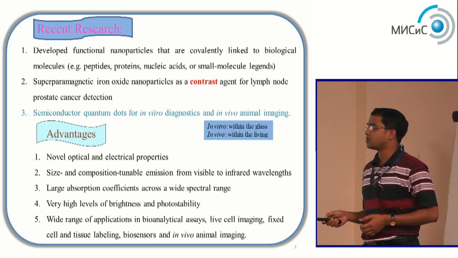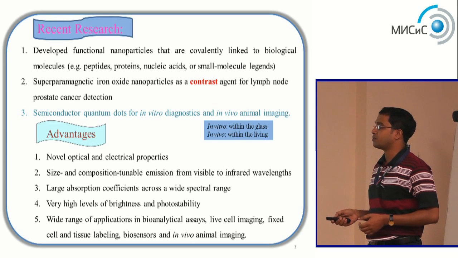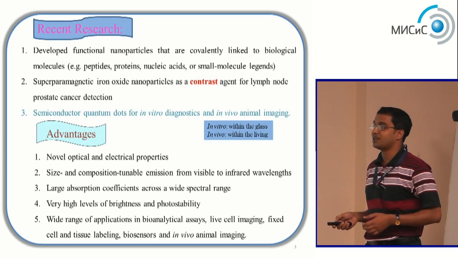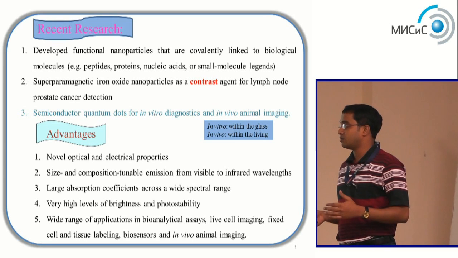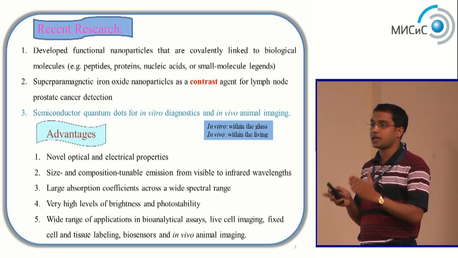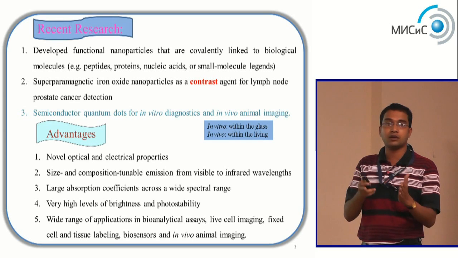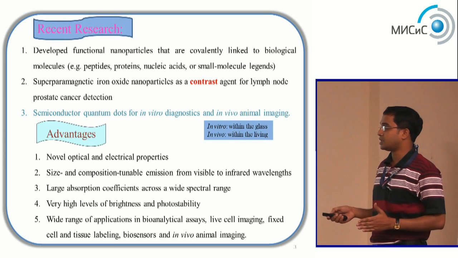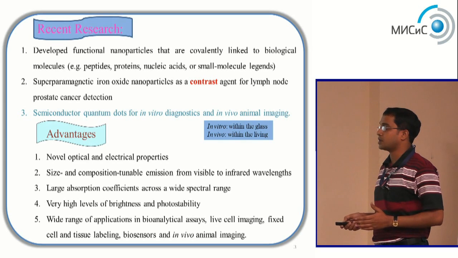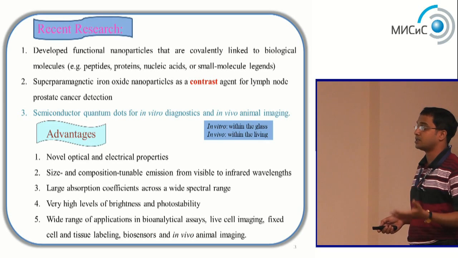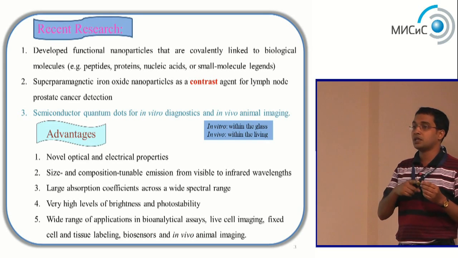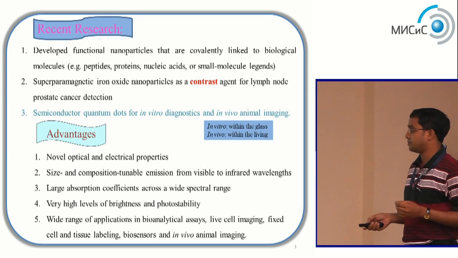Some advantages of quantum dots: they have novel optical and electric properties, but I am interested only in the novel optical properties, because my present purpose is tagging quantum dots with biological molecules. They have size and composition tunable emission, as I mentioned, from UV to mid-infrared region.